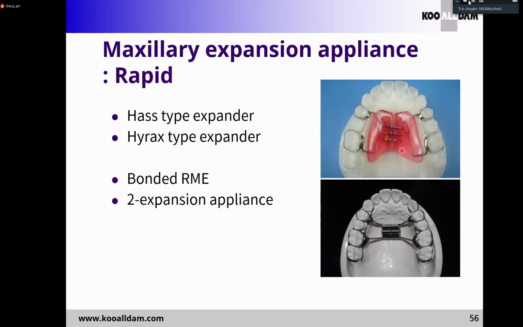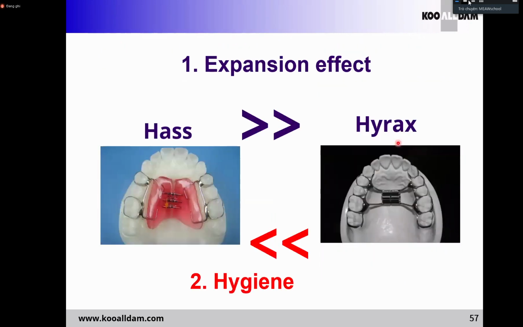This is Haas, this is Hyrax type. Haas has a resin part on the palate. Expansion effect is greater in Haas type than Hyrax type. However, for hygiene, Hyrax type is better.